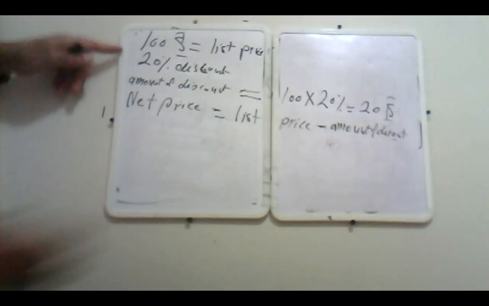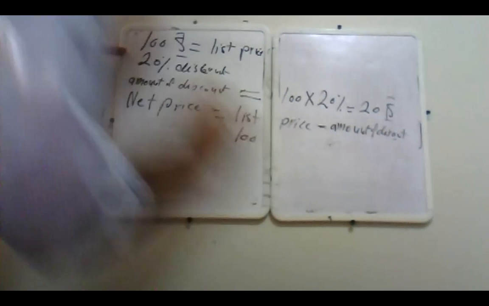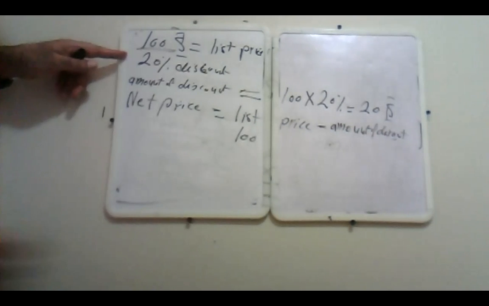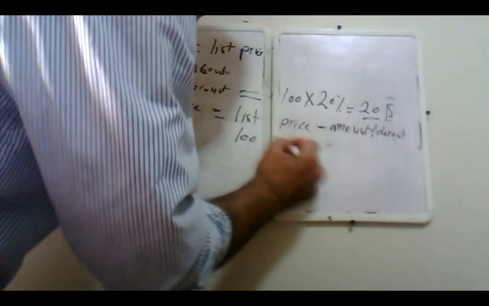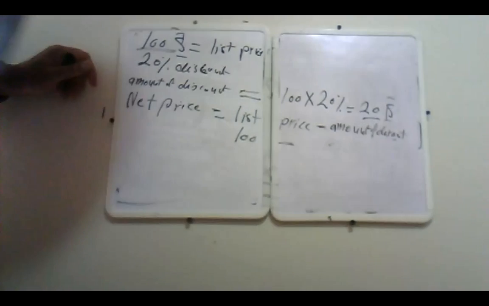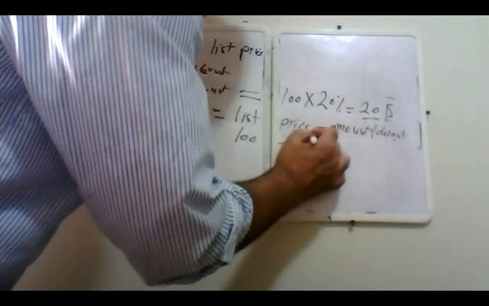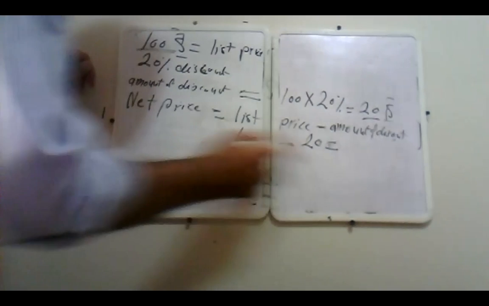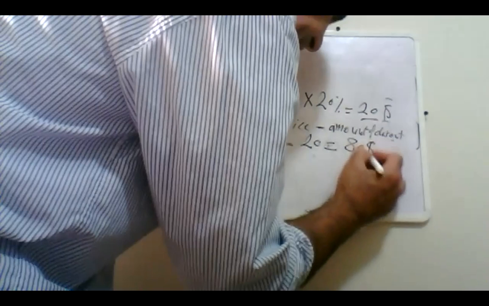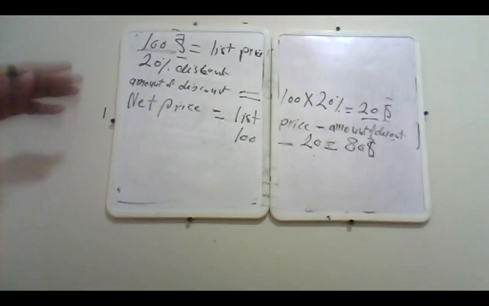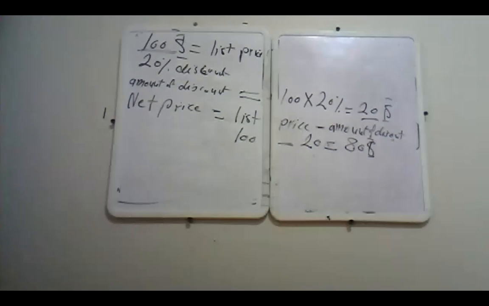The list price is $100 and the amount of discount is $20. So this all will come to $100 minus $20. This will give me $80. That's great. That's fine. Can I do all this in one step?